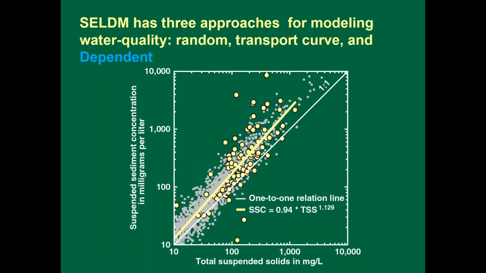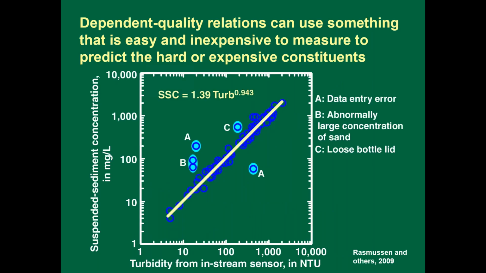So we may have a lot of TSS values, but if we're actually looking for suspended sediment concentrations, we can use this large pool of available data with a limited pool of concurrent data to estimate what would go on for SSC.